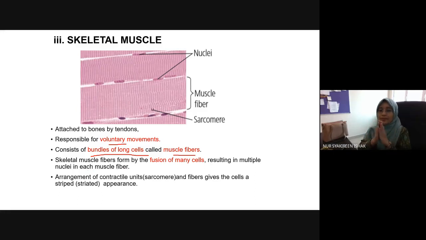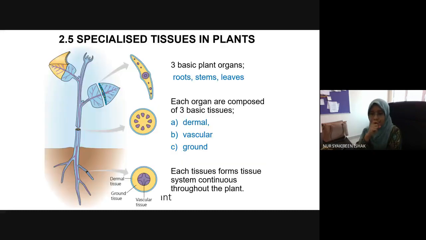So boleh nampak multiple nuclei, padahal dia adalah daripada fusion of many muscle cells. Okay, so the arrangement of contractile units, which is sarcomeres and fibers, gives the cell a striped or striated appearance. Setiap muscle cell tu dia akan ada fibers panjang-panjang yang menyebabkan dia berbentuk jalur tu, okay, striated, alright.